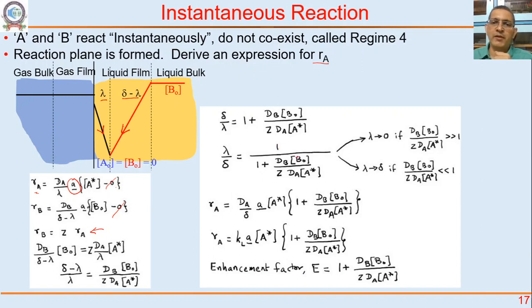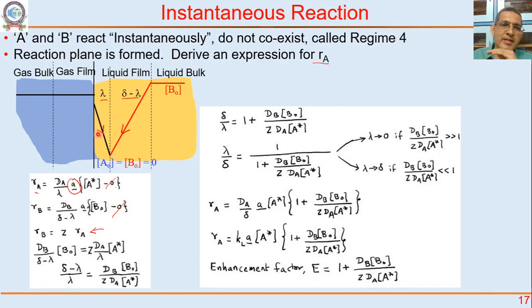What is the situation? If dB B naught by Z dA A star is far greater than 1, that means this is very large, 1 is very small, neglect that, and lambda tends to 0. Means if B naught is very high, diffusivity of B is very high, then this reaction plane is practically at this interface.